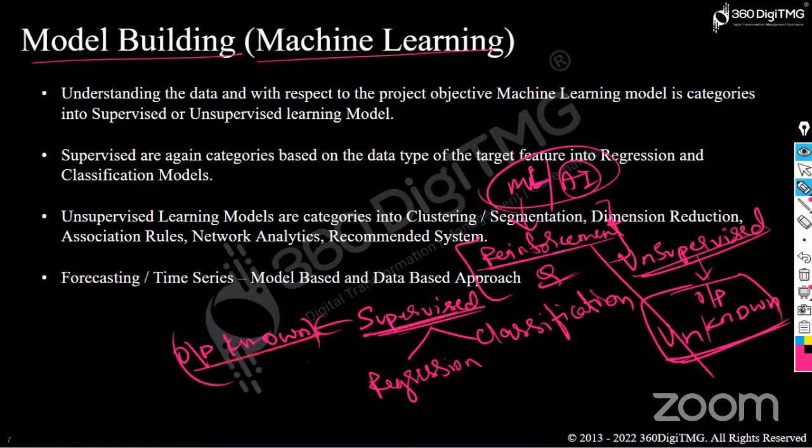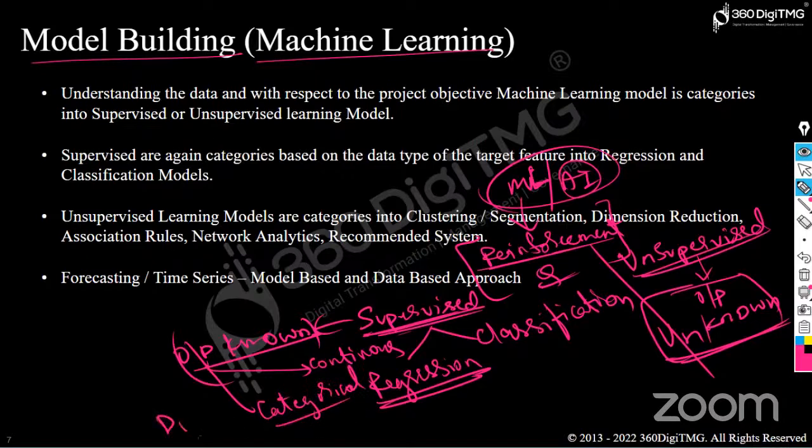When you know the output, if that output is continuous, we'll use a regression model. If the data is not continuous and it is discrete with some categorical data, then we'll use a classification problem. These are the two different supervised learning models.